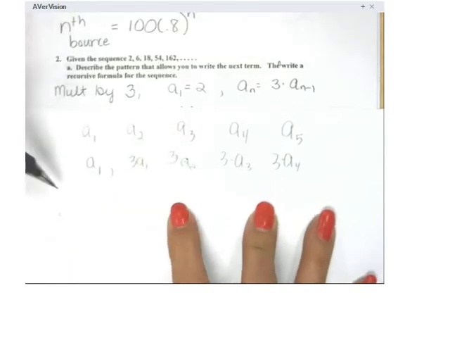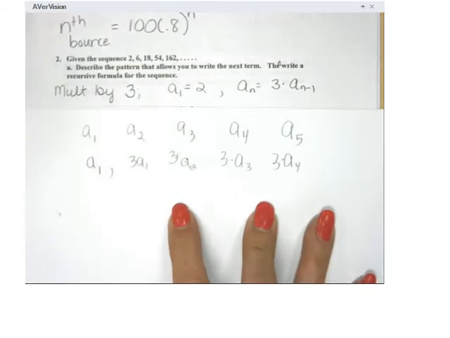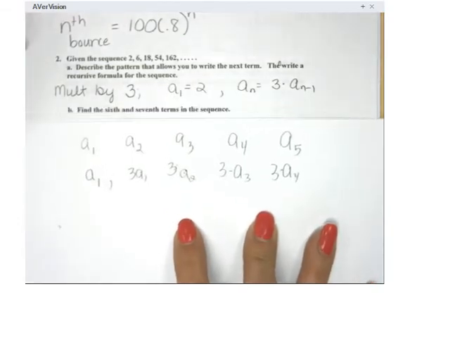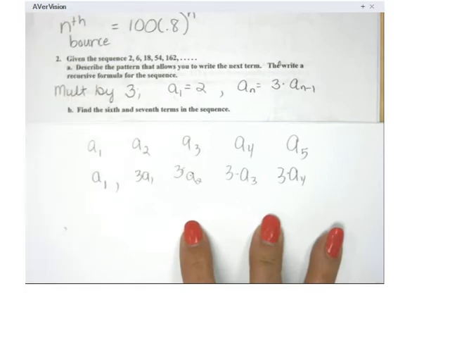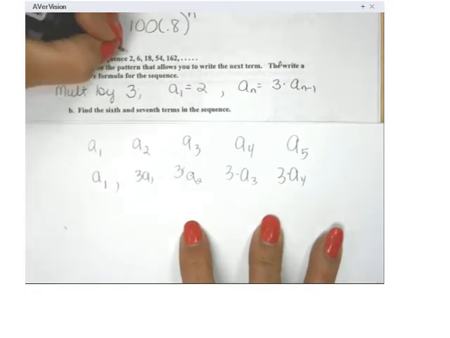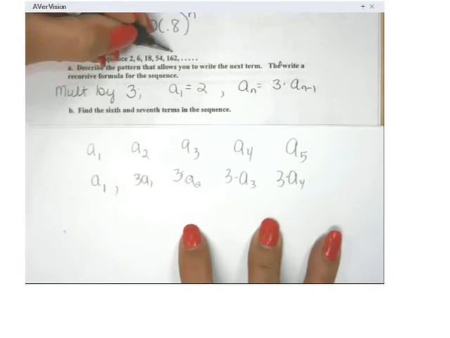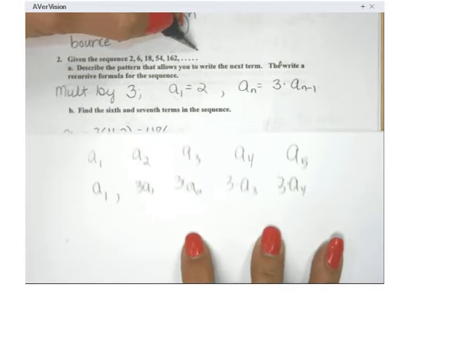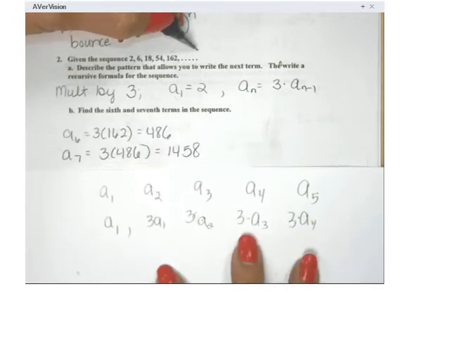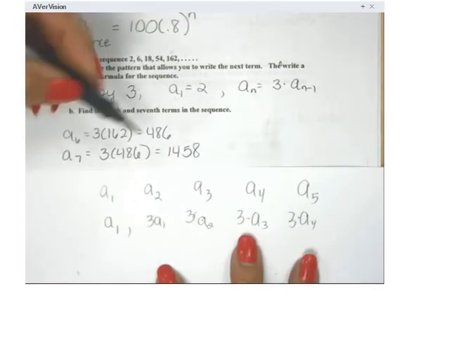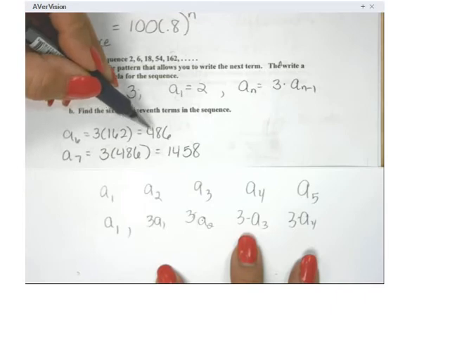So that's recursively telling me I'm using the term in front of it to find the rule. Now, if I want to find the 6th and 7th term of the sequence, this is a sub 1, a sub 2, a sub 3, a sub 4, a sub 5. So to get a sub 6, all I have to do is multiply by 3. To find a sub 7, take the a sub 6 term and multiply by 3.